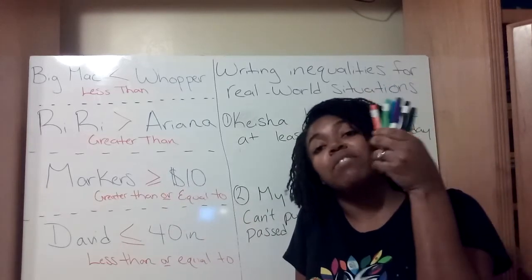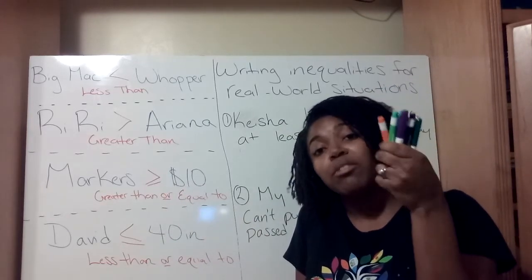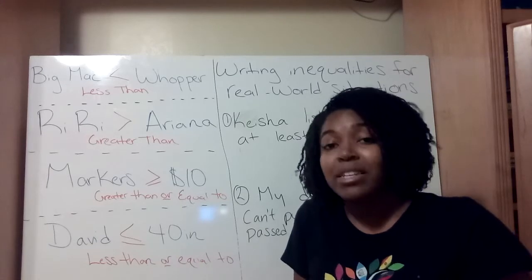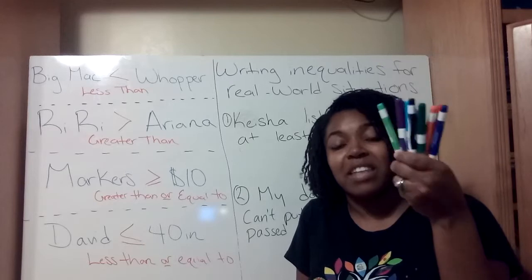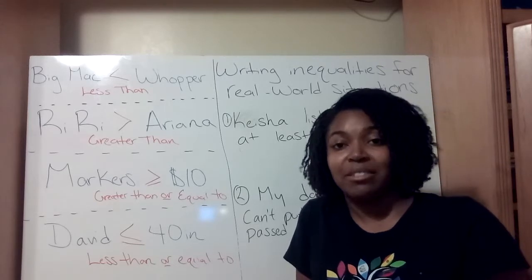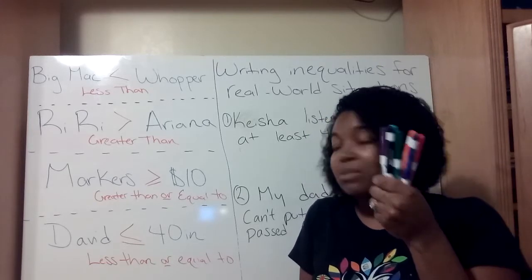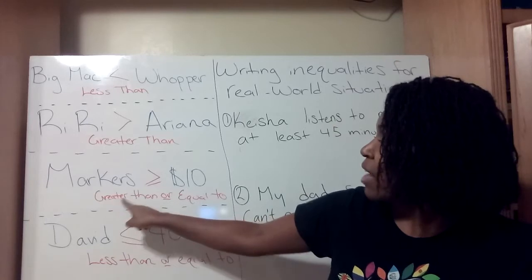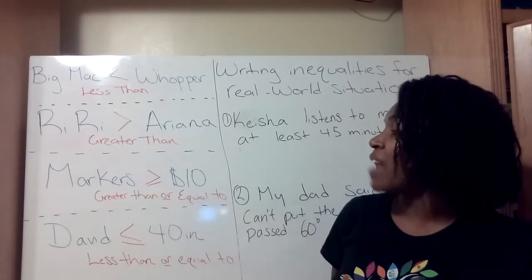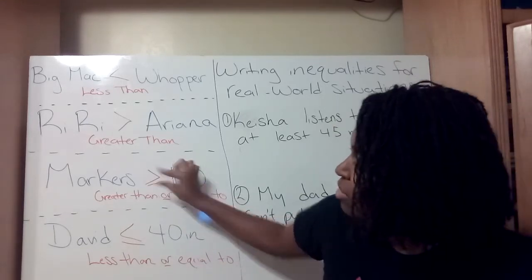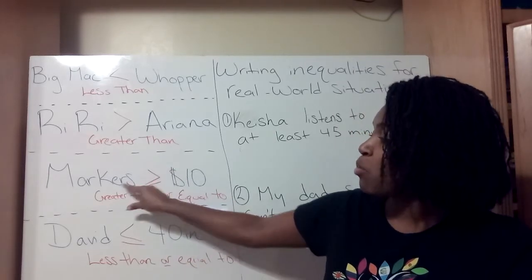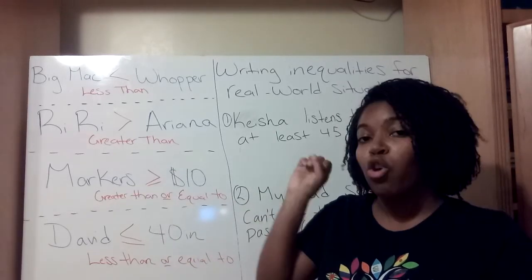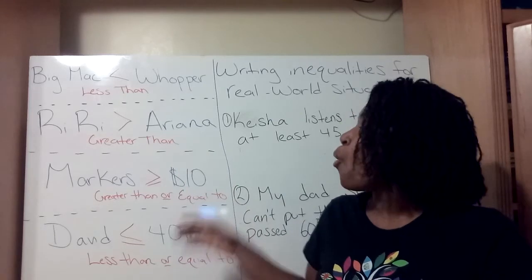The purchase of this item was greater than or equal to $10. That's me saying that I spent at least $10 on these. And again, notice that the widest part of the greater than symbol is pointing towards the markers because it was greater than $10 or equal to.